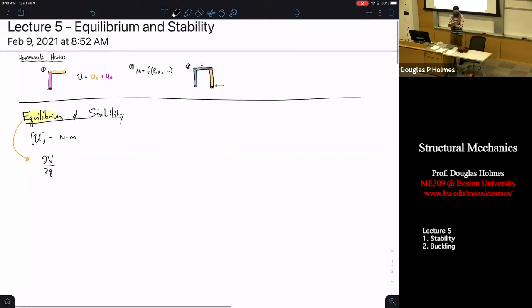There could be more than one, so you would do it for all of them. If I take the derivative of my total potential energy with respect to the degree of freedom in my problem, either a displacement or a rotation, and I set that, which we know this is going to be a force, right? This is either a force if Q is a length, or a moment if Q is an angle.